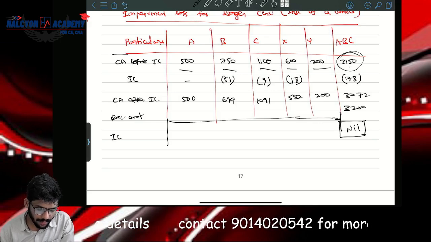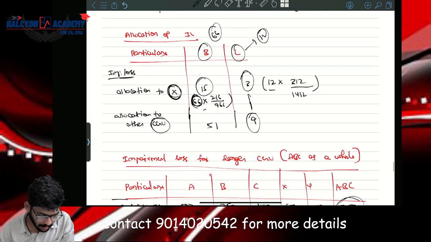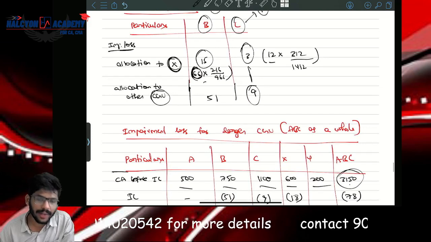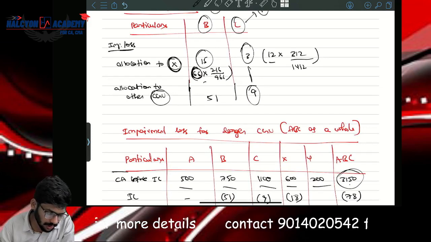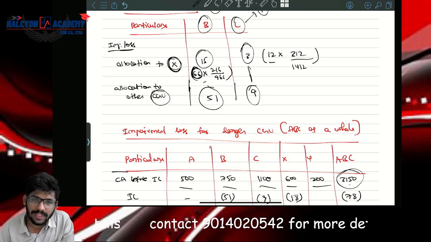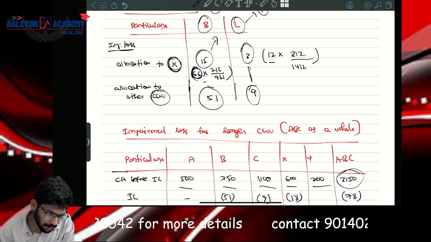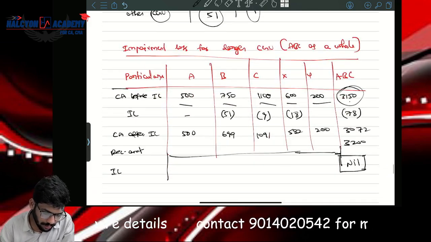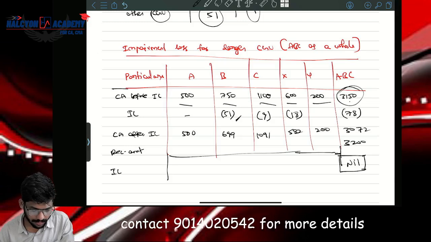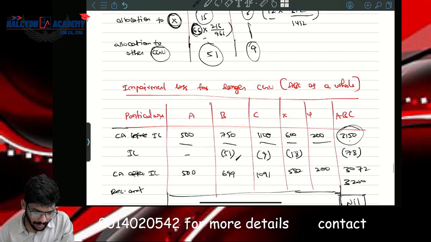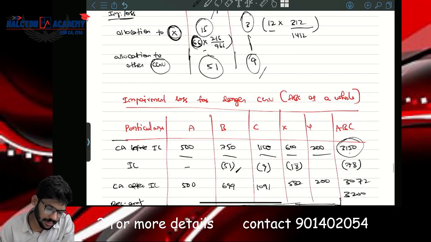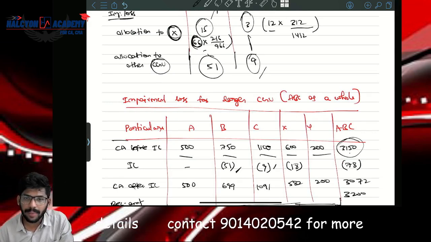In case of B, the total impairment loss is 66. Out of that 66, 15 is allocated to the corporate asset. Balance is 51, so reduce 51 from that. In case of C, 9 is the impairment loss.